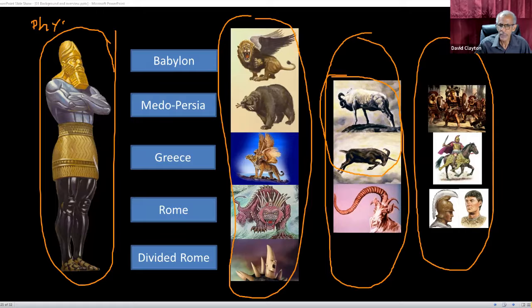And chapter 11 is again a repeat of the history, but with a different emphasis. So you have the physical land space, the government or the political system, then the system of worship. All of these things are to be restored to God's people, to God's kingdom.